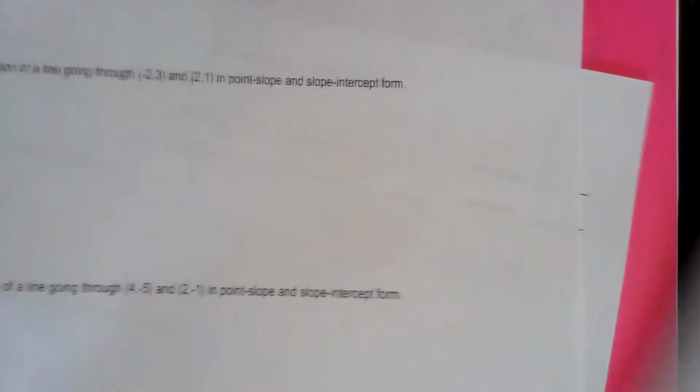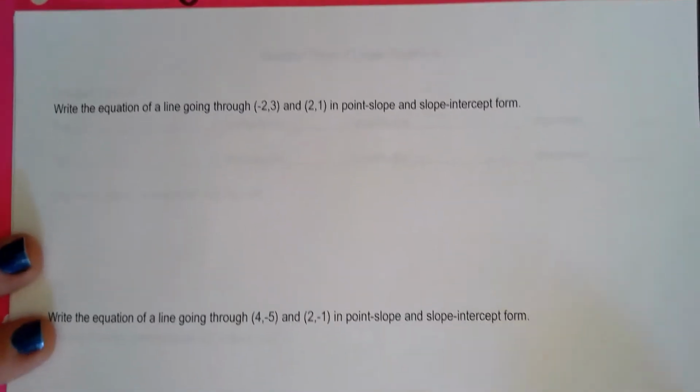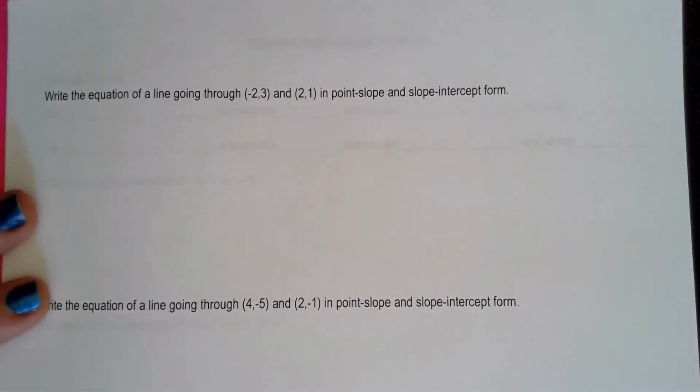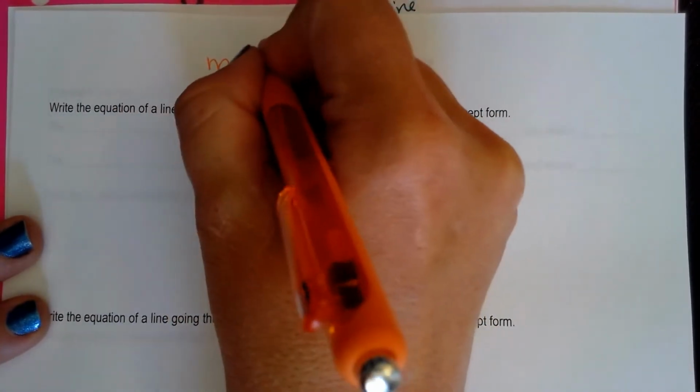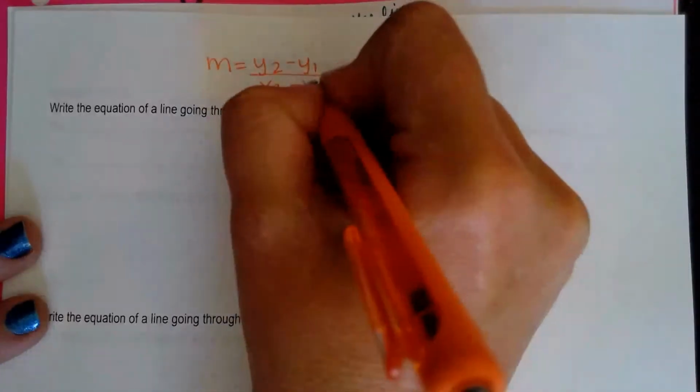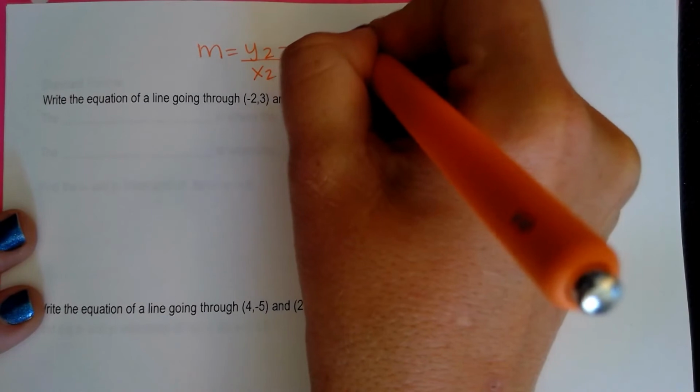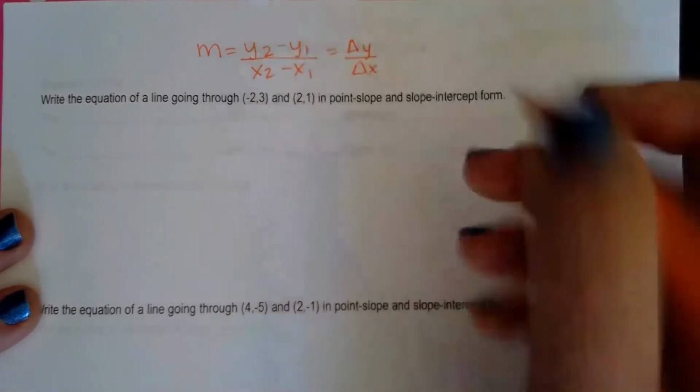So now I told you that if we don't have the slope, we can still find the slope. And that's what we're going to look at right now. So this problem, we have 2 ordered pairs. Okay. So as a reminder, to find the slope, it's y2 minus y1 over x2 minus x1, or the change in y over the change of x, however you want to find it, okay?